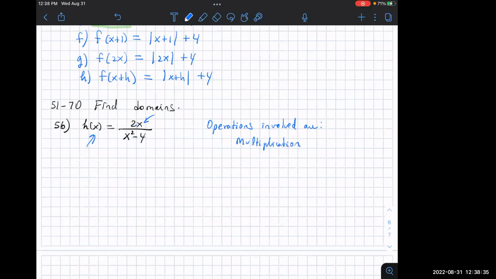And for multiplication, there is no restriction. You can take any two numbers and multiply them. So there is no restriction. But then there is an x in the denominator also. When you're squaring, which is multiplication, no restriction. There is the subtraction.